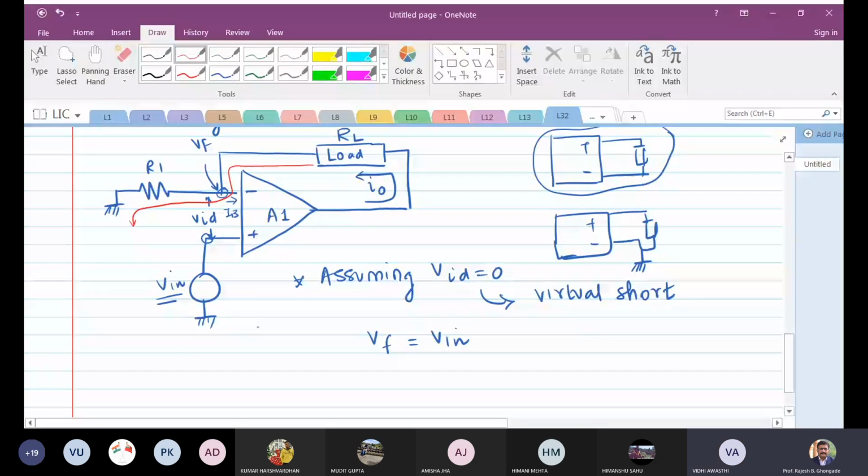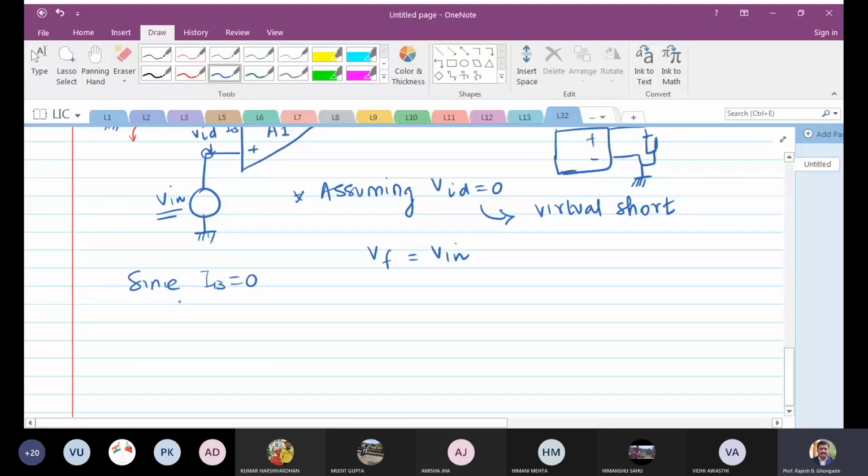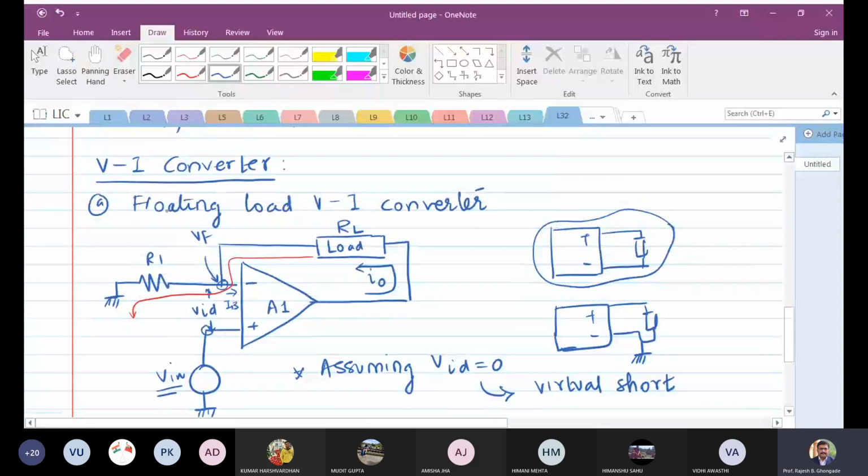Since IB is equal to 0, then I naught or IO flows entirely through R1. But what is the voltage across R1?